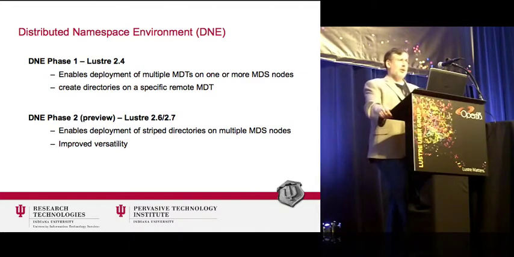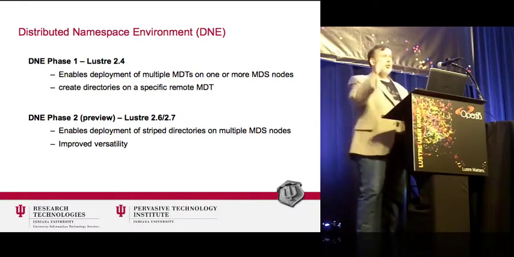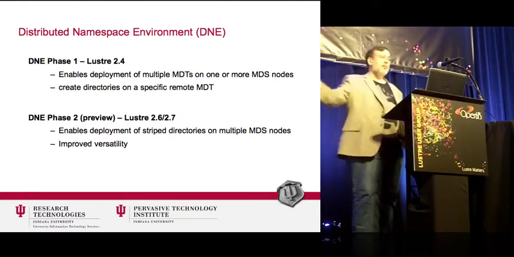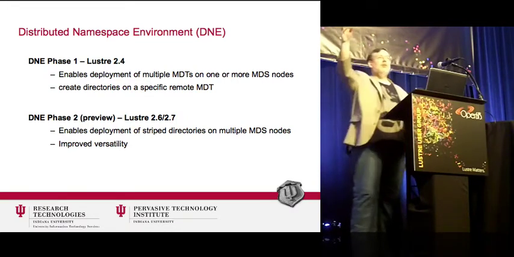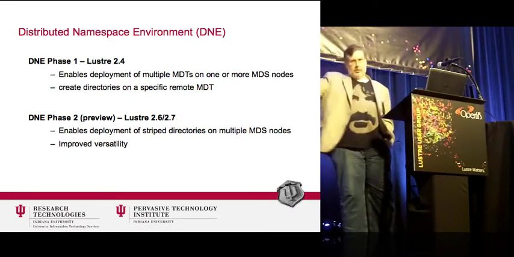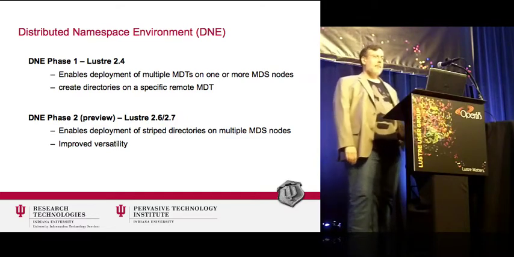So, DNE Phase 1 permits you to have multiple MDTs on one or more MDS nodes, and you can assign your MDTs to a particular portion of your directory tree.